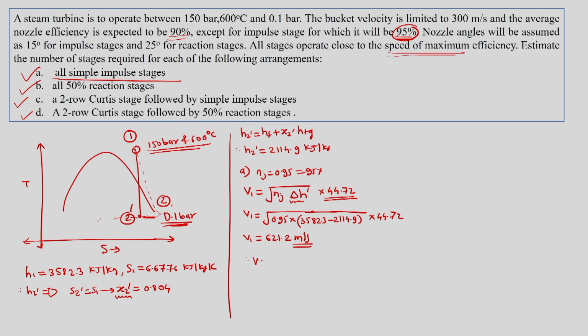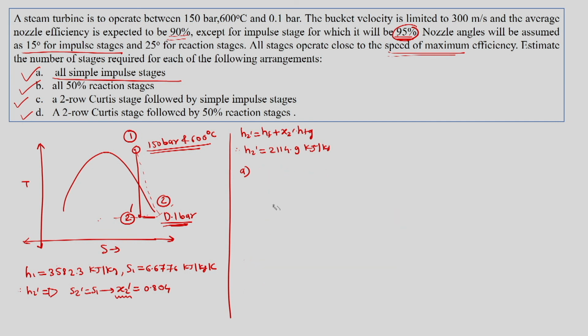So we have VB upon V1 in case of impulse turbine as cos alpha by 2, which is equal to cos of 15, since it is given 15 degree for impulse stages, divided by 2, and then this gives us VB.